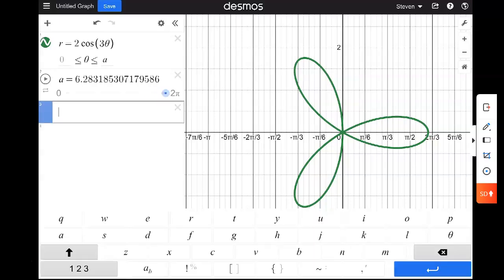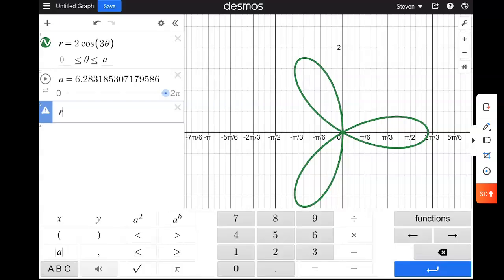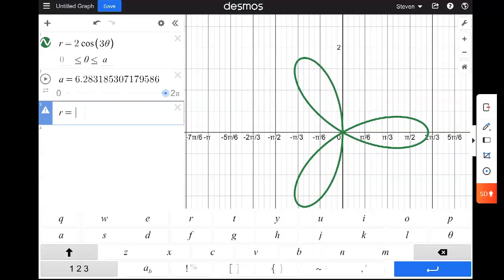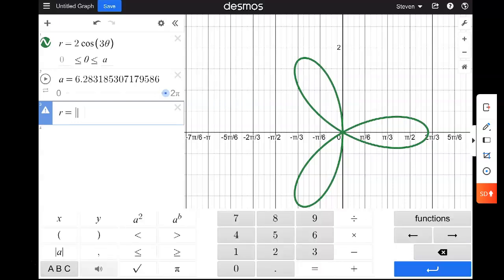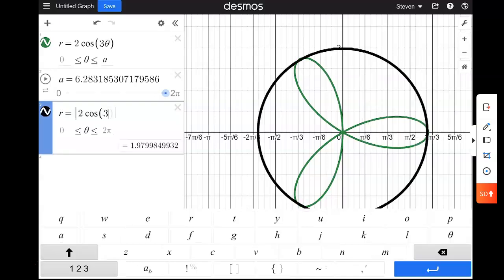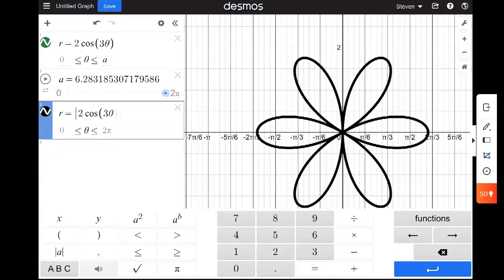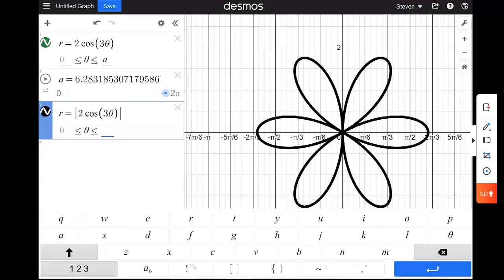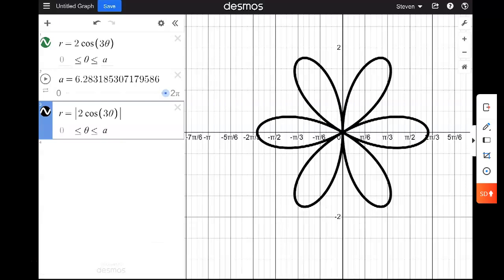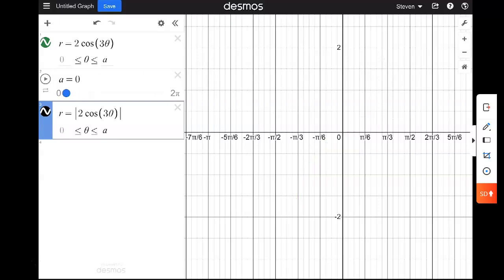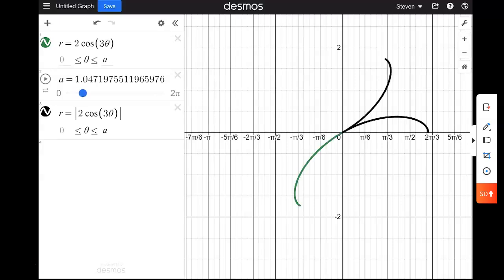But we could again see what's happening if we did r equals the absolute value of 2 cosine 3 theta. And if I add my same parameter a in there, you can see what's happening here. You get your first piece, the next piece is coming down, but again, it would have occurred over here, but because it's negative, it reflected back through.